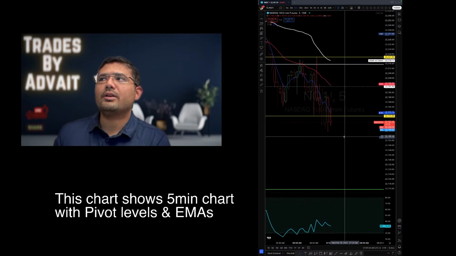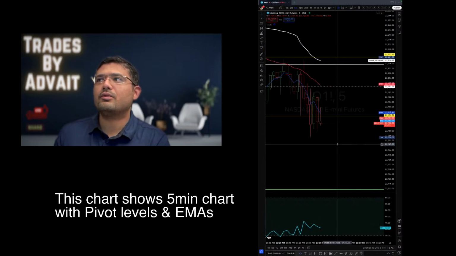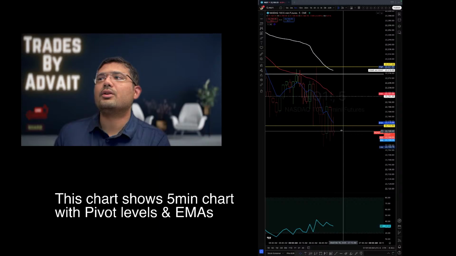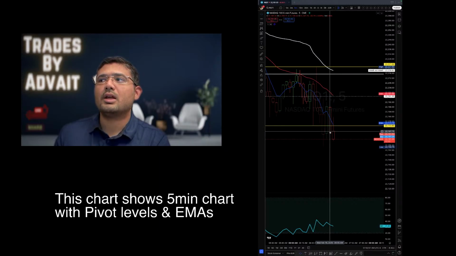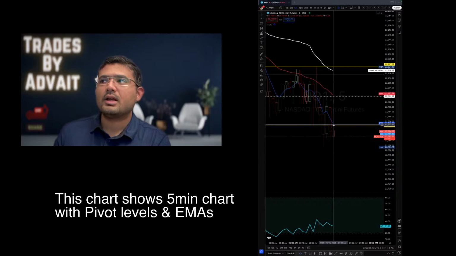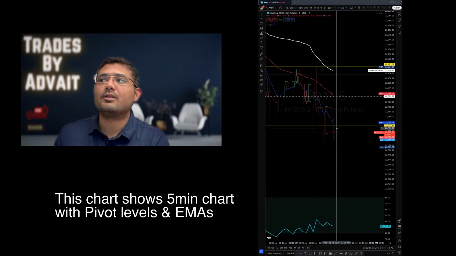Looking at the data, what we know is this was the first close below the 15-minute range, and this is probably going to be the second close below the 15-minute range.